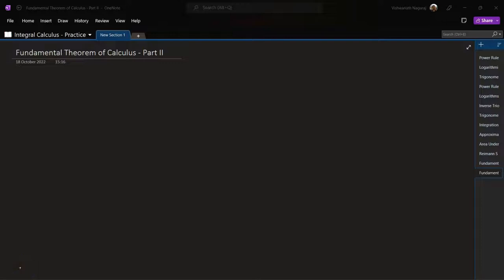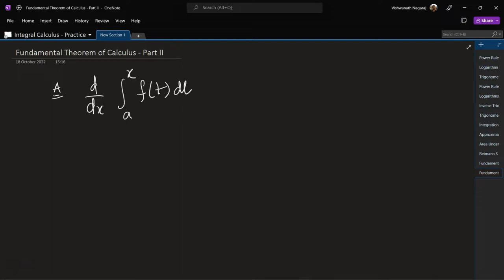As we saw in the previous session, there are two parts to the fundamental theorem of calculus. The first one is the derivative of the integral from a to x of f of t dt is equal to f of x.